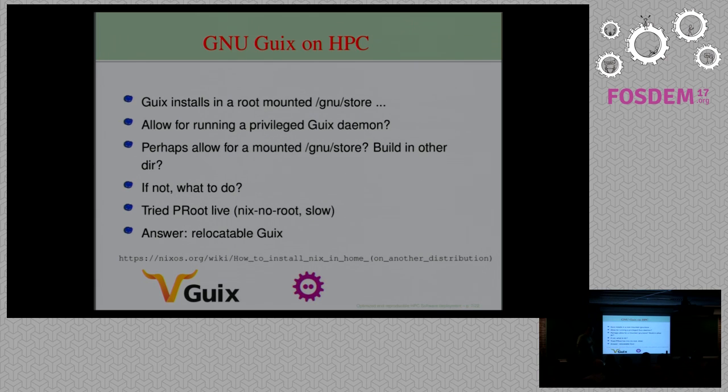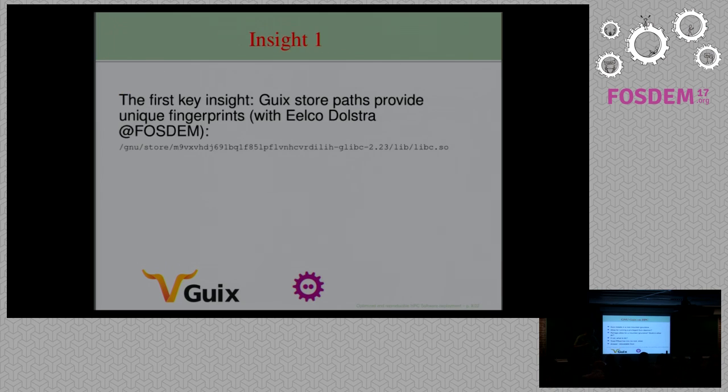So a couple of years back, with Eelco Dolstra, I'm also at FOSDEM here, I had a discussion, and he said, okay, you actually have a pretty unique path here, right? So for glibc 2.2.3, the libc shared library, we have a path that looks like this. It includes a hash value. And if you would scan the software, you could actually find this hash value.